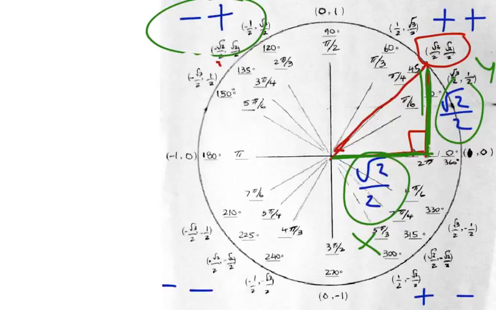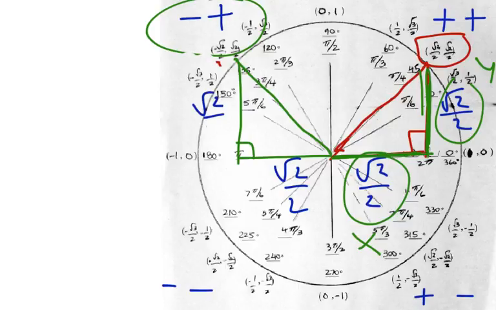Therefore, if I build my 45-degree triangle on this side, are the sides going to change? No, they're not going to change. I'm going to have square root 2 over 2 on the bottom and square root 2 over 2 on the left side. What's going to be the difference? The quadrant.